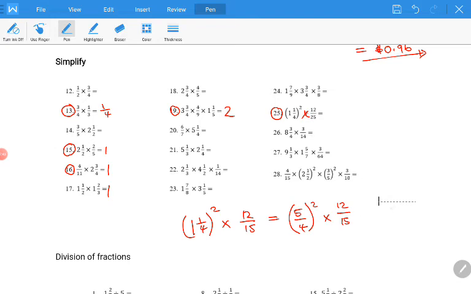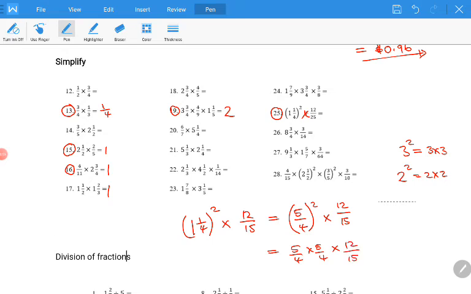Squared means we are multiplying the same number twice. For example, 2 squared is equals to 2 times 2. 3 squared is equals to 3 times 3. So here what it means, this is equals to 5 over 4 times 5 over 4 times 12 over 15.